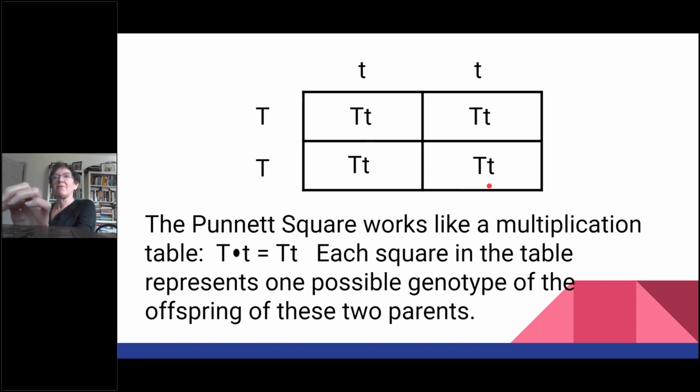And there's the other one over there. Okay. So this is very simple and straightforward. If you've got two parents that have the two exact same genes, then there's really only one option for the children. They are going to be heterozygous.